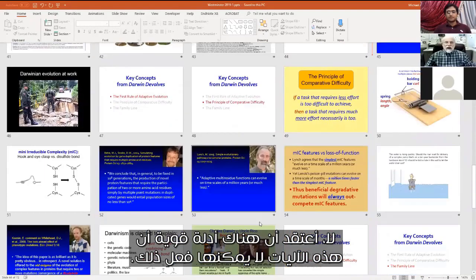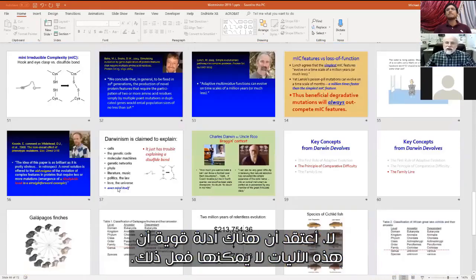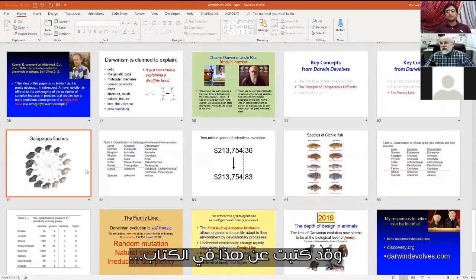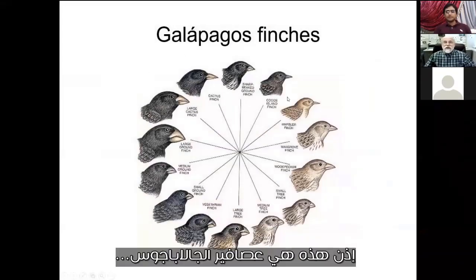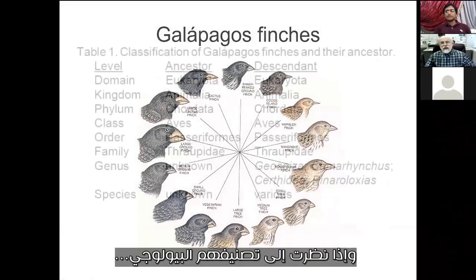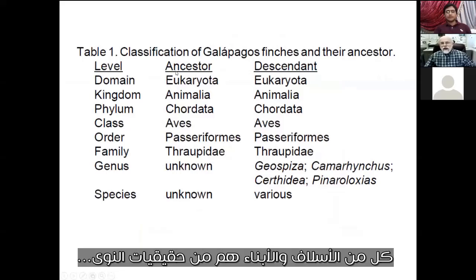No, I think there is strong evidence that you cannot do that, and I write about that in the book. Let me show you a slide or two that kind of speaks to that. So here's the Galapagos finches, and if you look at the biological classification of them versus their ancestor, both the ancestor and the descendant finch are eukaryotes.